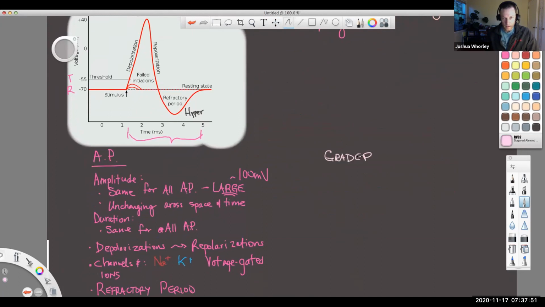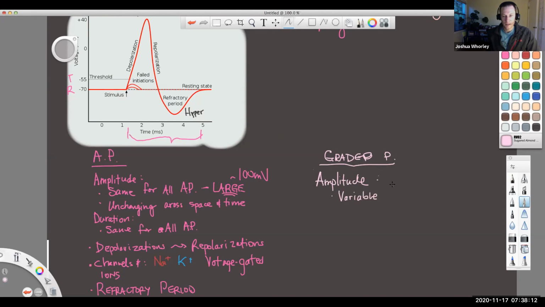So graded potentials, the amplitude is variable. You can actually see some graded potentials here. So it's variable.